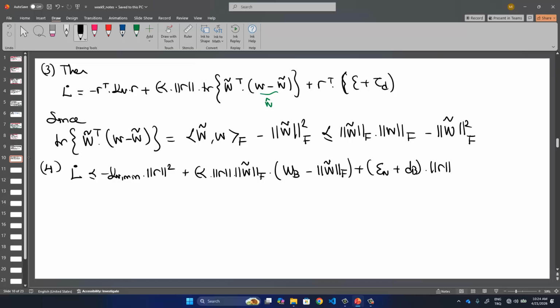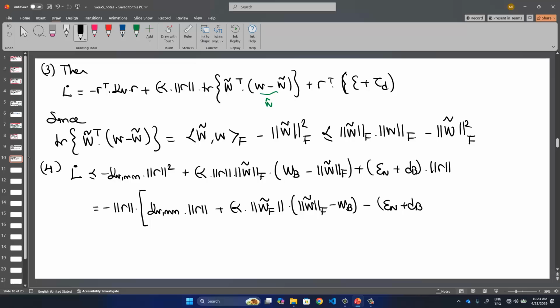Okay, and so we can factor out norm of R in parentheses in here, and so K_V min norm of R plus kappa times the Frobenius norm of W tilde times (W_B minus the Frobenius norm of W tilde) minus (epsilon_N plus d_B).